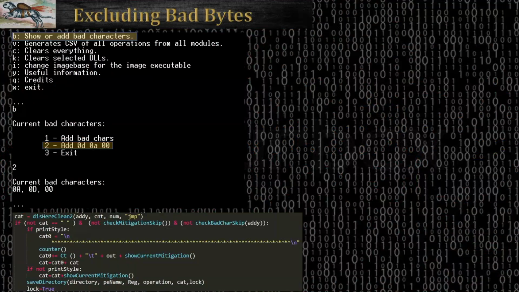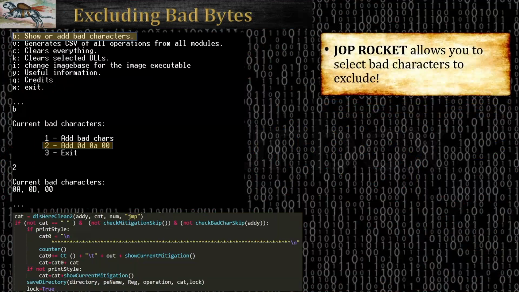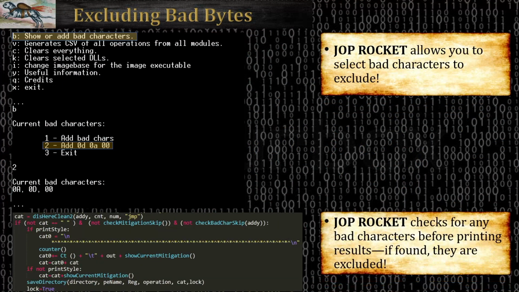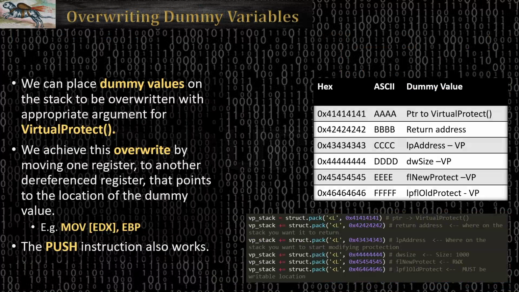JOP Rocket also gives you the functionality to simply exclude bad bytes. However, I don't recommend this because we can always just transform the bad bytes with exclusive OR. So if there are bad bytes, you can still use the generated chain. You simply supply dummy variable values instead, and then you can go and overwrite them.